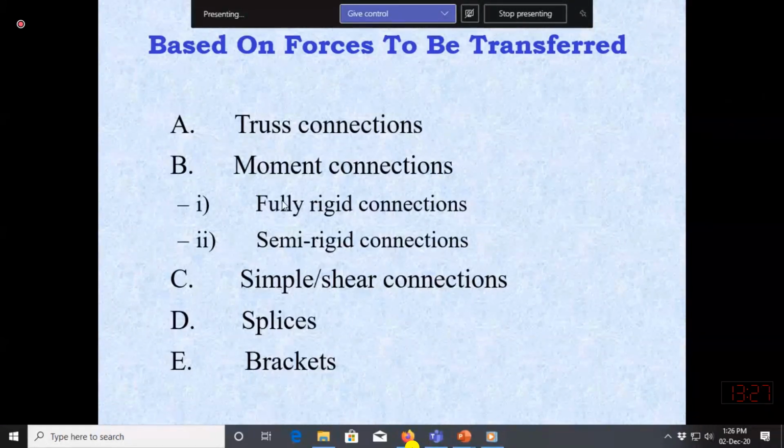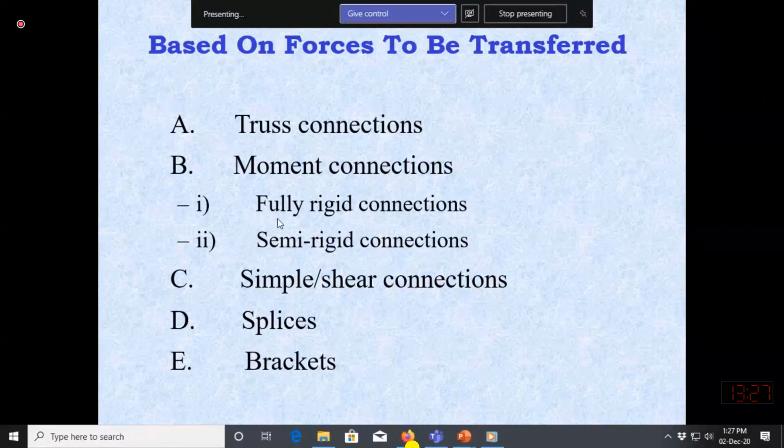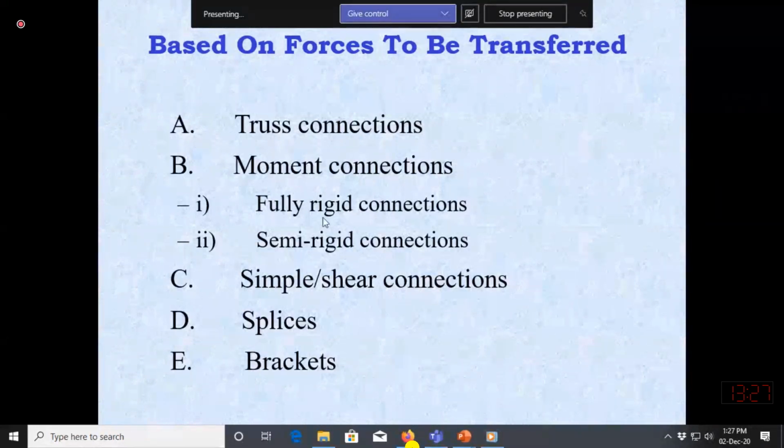Moment connections are the connections which transfer the moment along with shear forces from one member to the other member. Based upon the magnitude of the moment transferred, we may have fully rigid or fully constrained moment connections, and semi-rigid or partially constrained moment connections. Fully rigid means they transfer almost 90% of the moment from one part to the other part.